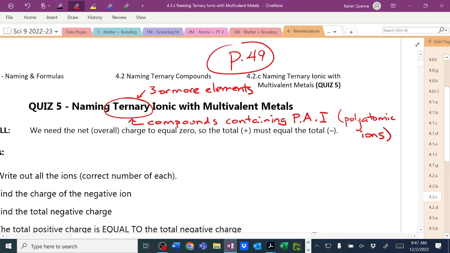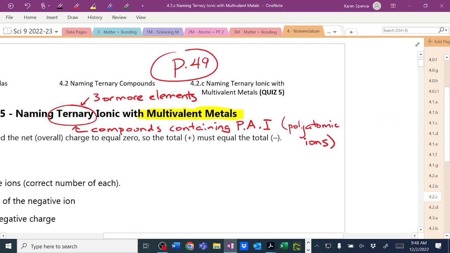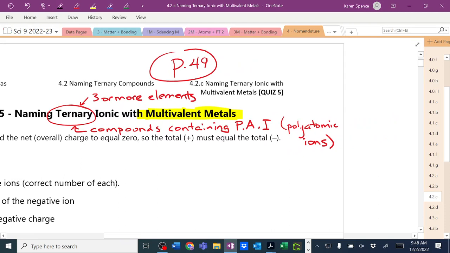This is a good review. If you haven't done quiz 4 yet, you're going to be like, oh, I need to figure out how to do Roman numerals, because it is those multivalent metals that need Roman numerals. Where do we find the multivalent metals, the ones that need the Roman numerals?